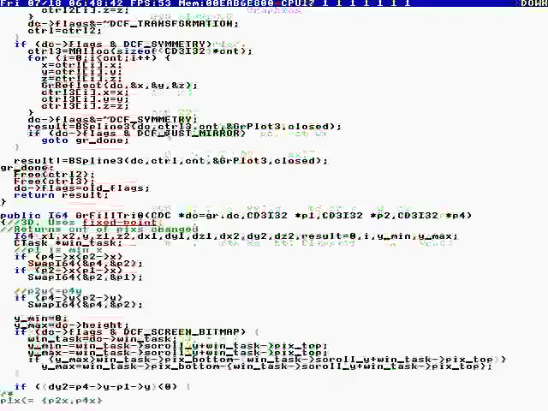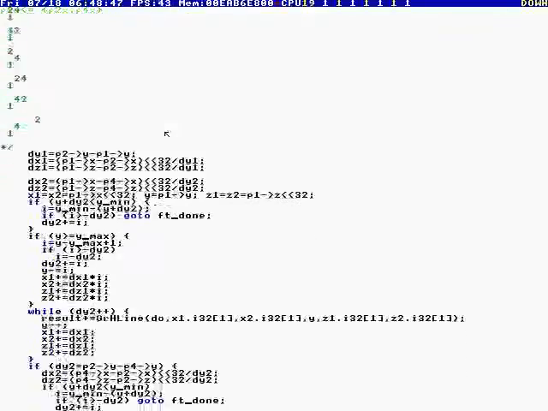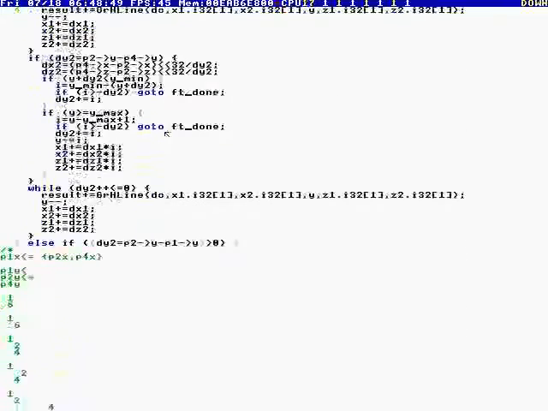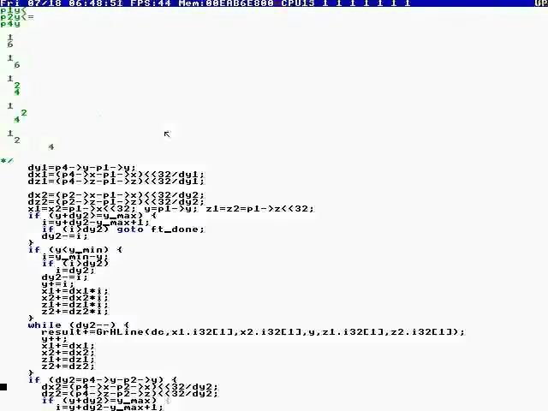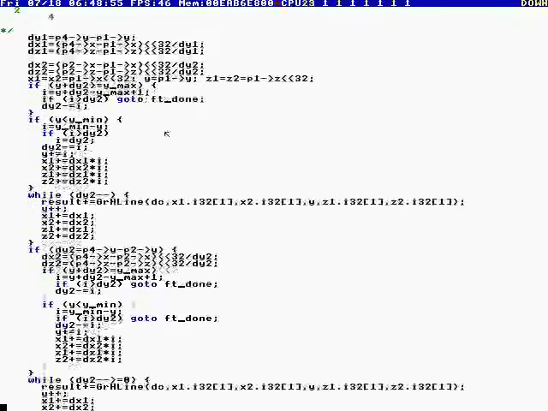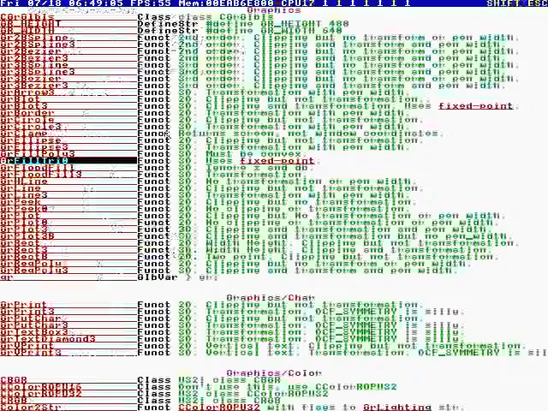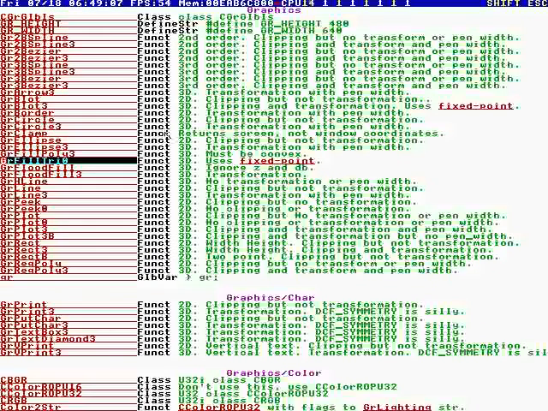That's what I meant. There are several different cases for a triangle, depending on how it's arranged. What you do is you walk down two sides and you draw a horizontal line between the two sides. That's how you draw a triangle. And you use a depth buffer, and that's how you get hidden surface removal.